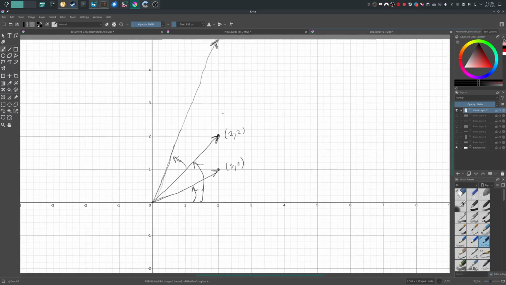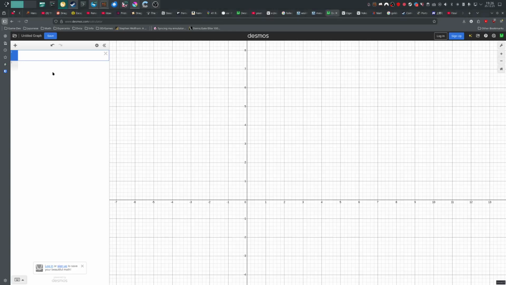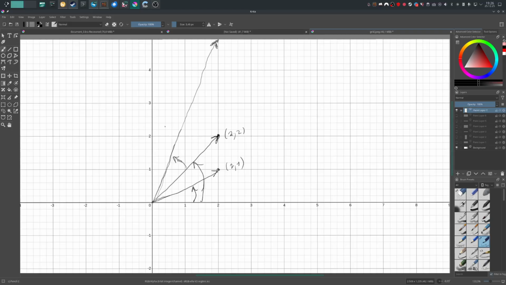And we can do that on Desmos to make sure. But first I need to introduce how complex numbers are written, because here I'm treating them as separated: this here is a dimension, this here is another dimension, and that's how you should think about it.